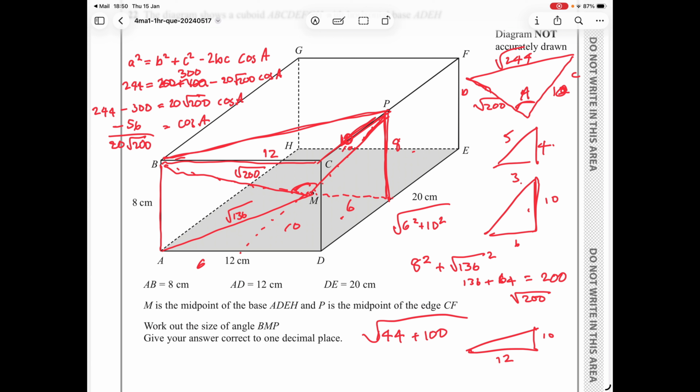So it's minus 56 over 20 root 200 equals, well, that could be a thing, and then shift answer. So according to this, it's 101.4 degrees.